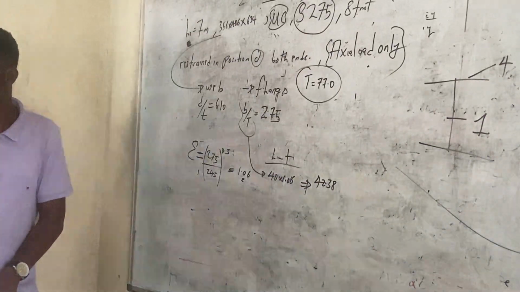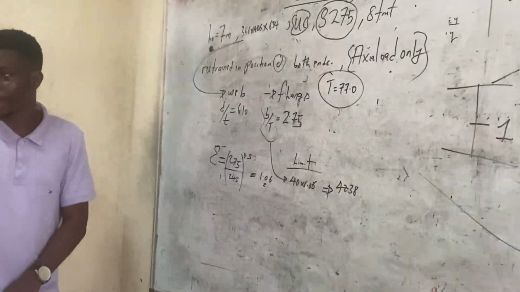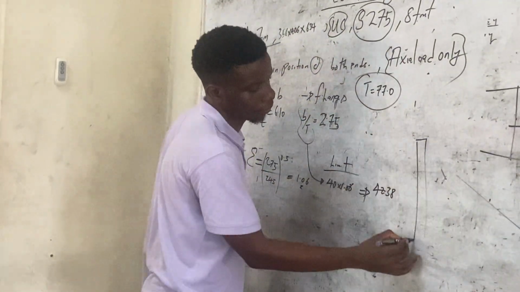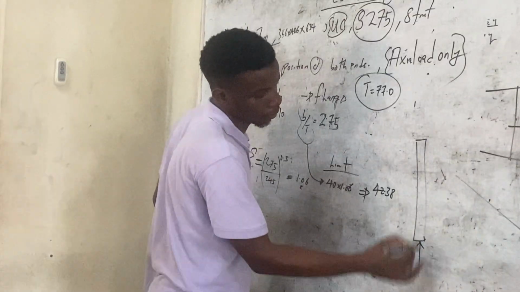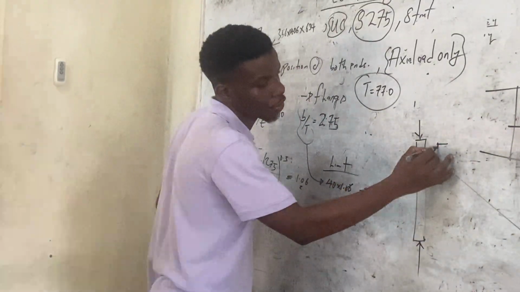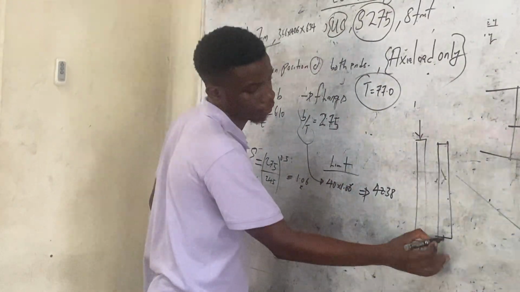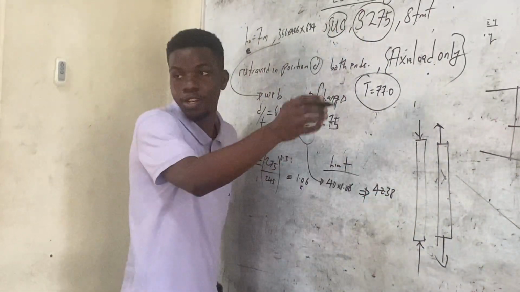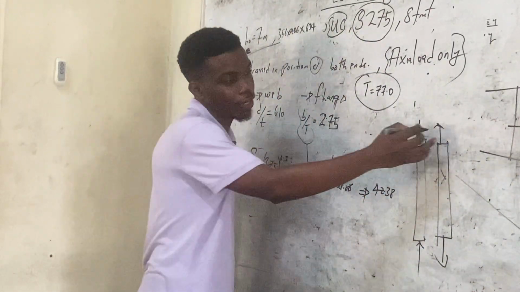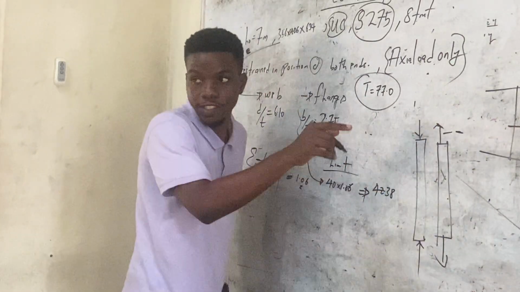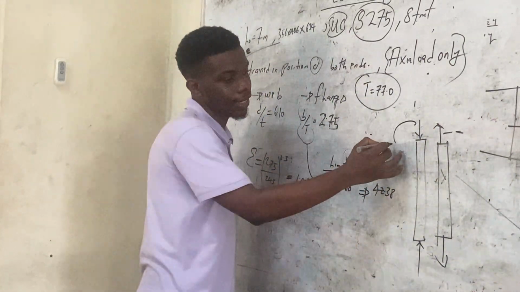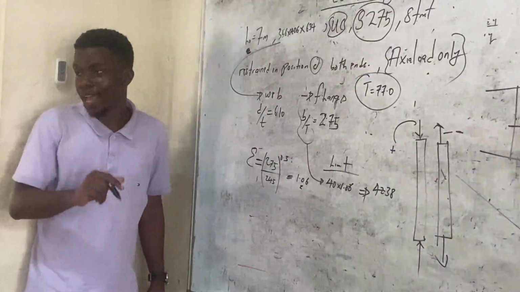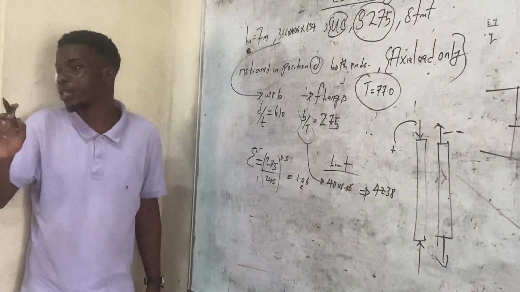But if it is in tension, when you are putting it inside any of those r2 or r1 formulas, that Fc will be negative. But for compression, that Fc will be positive. Just know that.